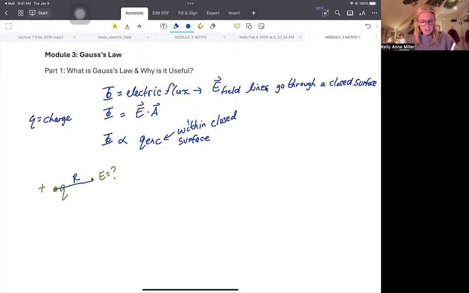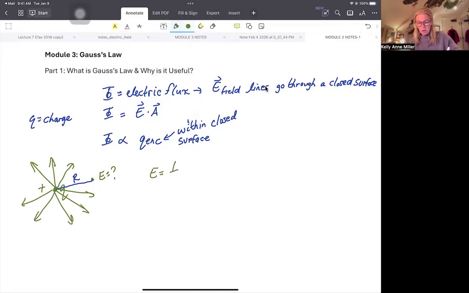So we know what the electric field looks like from a positive charge. It just radiates out in all directions. You saw that last week. And you also saw the equation for electric field last week.